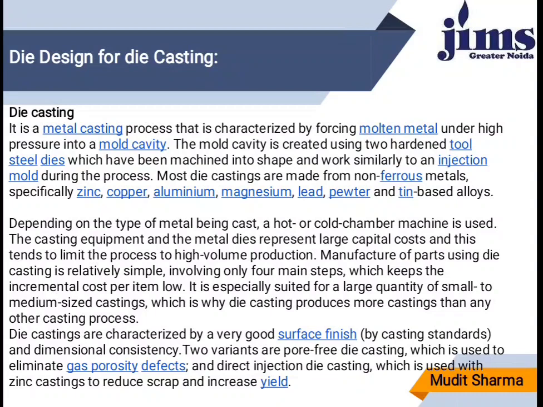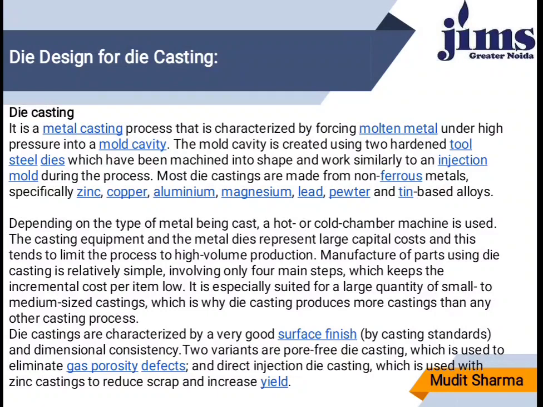Die casting is also known as pressure die casting. It is also called permanent mold casting, in which pressure forces the molten metal into the mold cavity. However, the mold used is more expensive, called a die, and a complex machine is employed to produce castings at a very high rate.